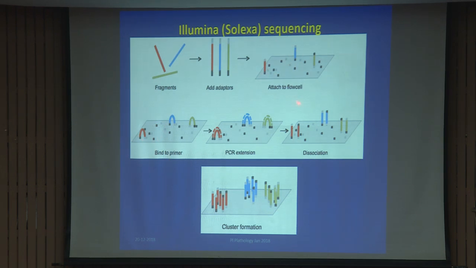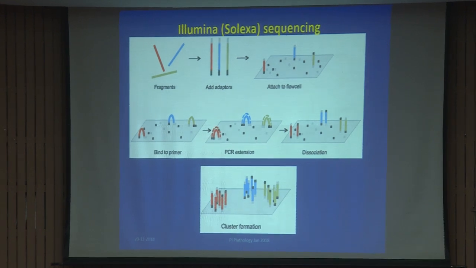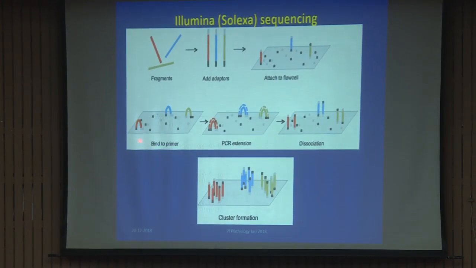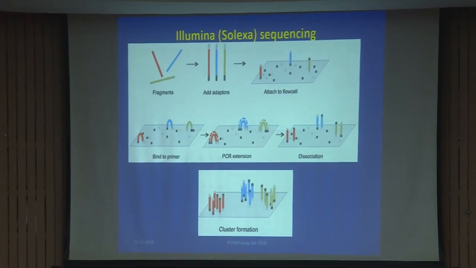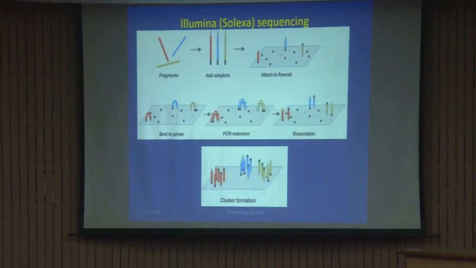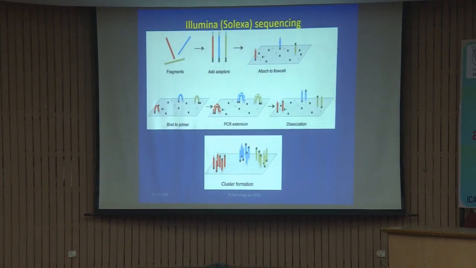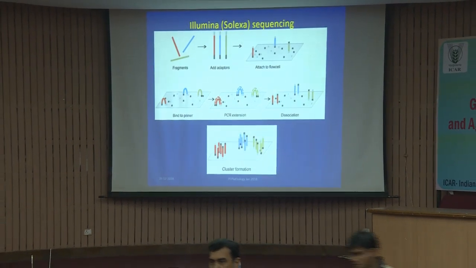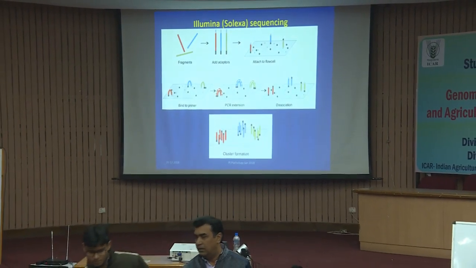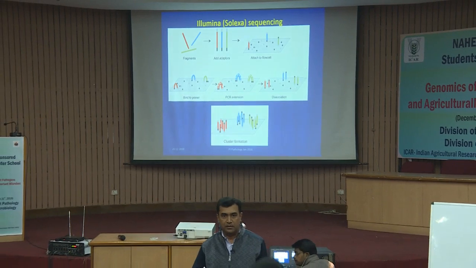These fragments then fall back and bind to a second adapter which is already there on the flow cell itself, and that makes a U structure.